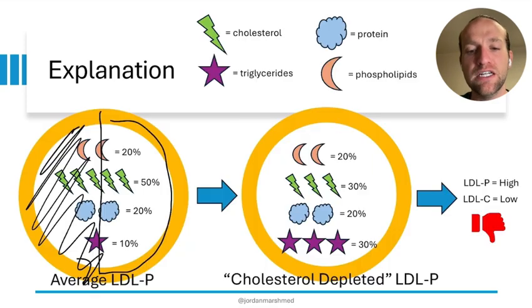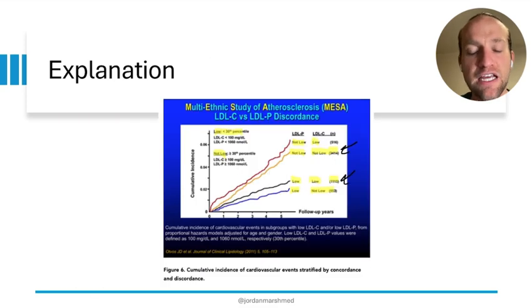They had cholesterol depleted LDL particles and they had more cardiovascular events, which is an issue for this group of people. And yet again, it's not very common. There's still fewer people that have this type of concern, but still not trivial either. 500 patients, and another 500 patients that were also discordant on the bottom as well.